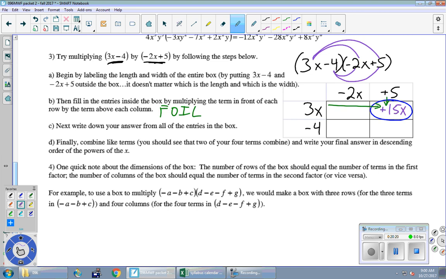Okay, carefully see if you can figure out what goes in each of the other three. Take your time thinking about what is the length and what is the width. Just have to go hunt around to make sure you see where those pieces are.